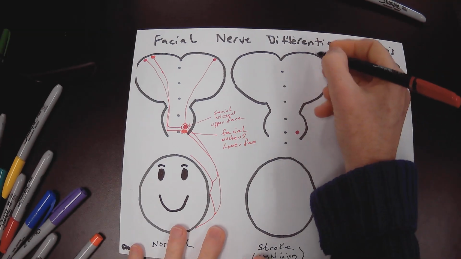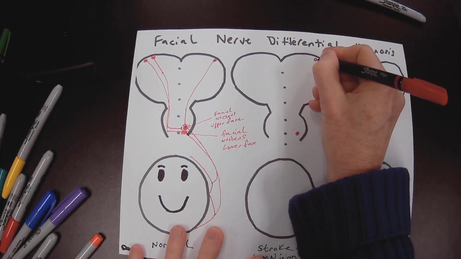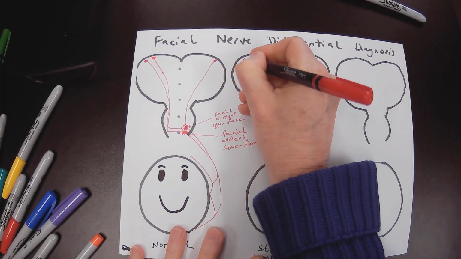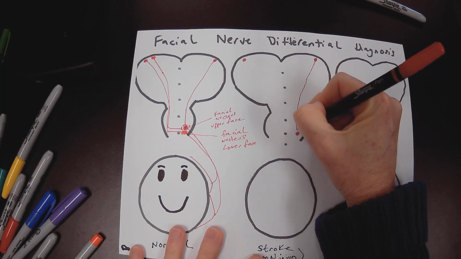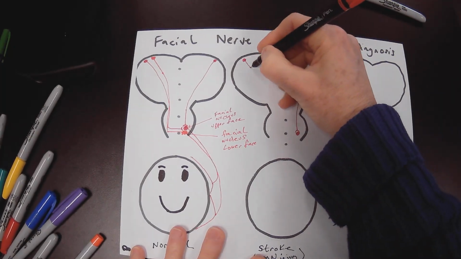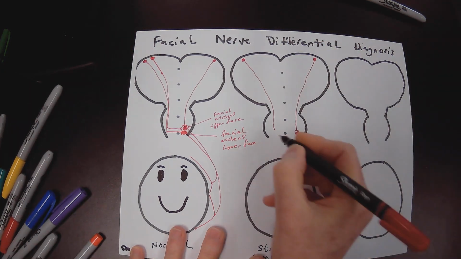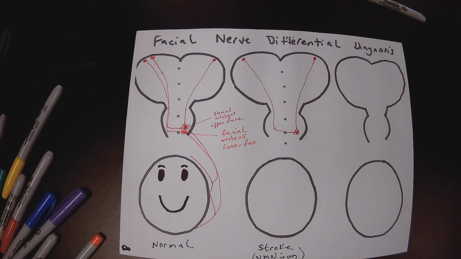Okay, the upper face division, same as before, no differences. I've got upper motor neurons here bilaterally. Ipsilaterally come down and synapse with the upper face division, and then contralaterally come down, decussate, and synapse with the upper face division.